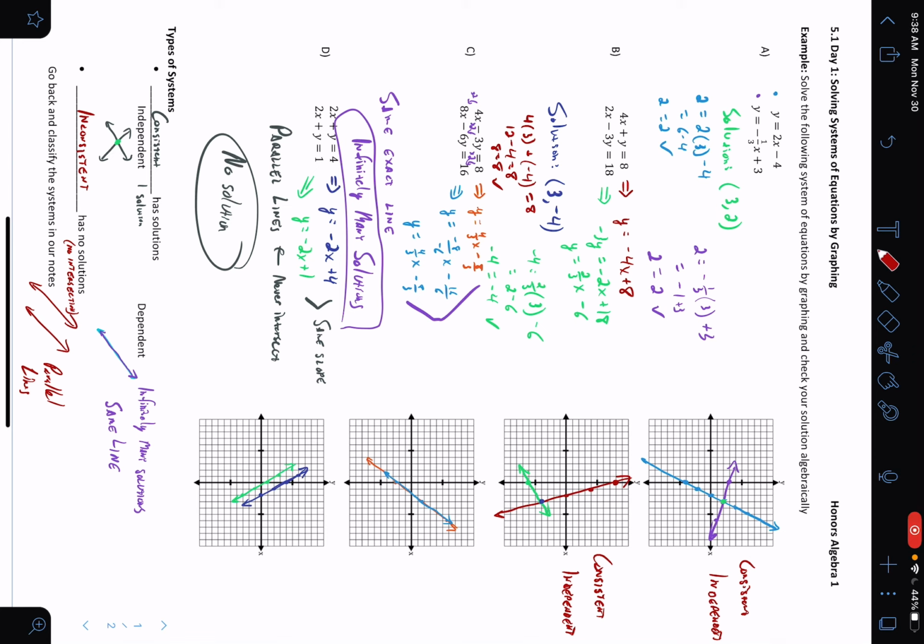In part C, those are the same exact lines, so they have infinitely many solutions. So this would be consistent and dependent. And then in part D, I have two parallel lines. They will never intersect, therefore there's no solution. So this is an inconsistent system.